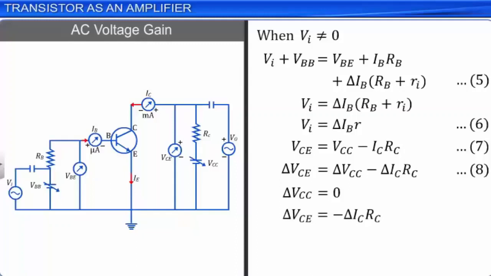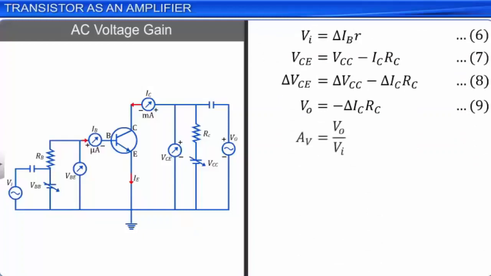The AC voltage gain AV is the ratio of output voltage VO to the input voltage Vi. Substituting the values of Vi and VO from equations 6 and 9 in the equation for AC voltage gain, we get AV is equal to minus delta IC into RC by delta IB into R. Let this be equation 10.